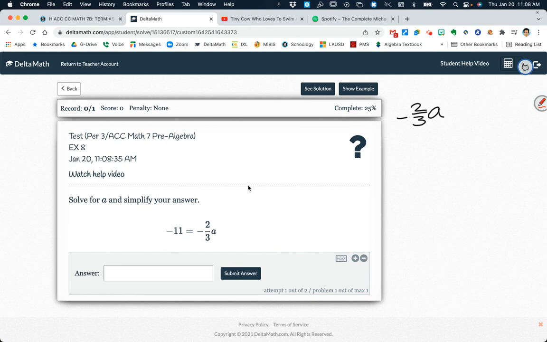I want to get you comfortable with flipping equations over because once we start solving inequalities, things that don't have equal signs, it's going to be better to have the variable on the left side. You'll see why. Okay, so here we're going to multiply by the reciprocal of negative 2/3, which is negative 3/2, on both sides.